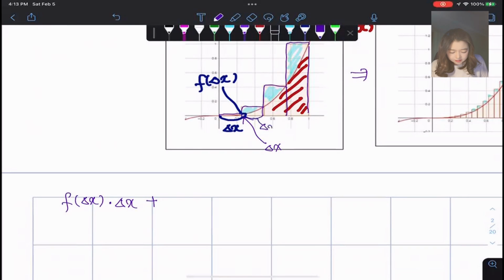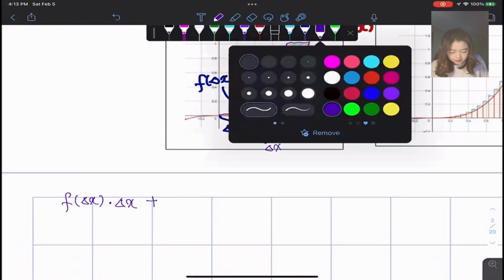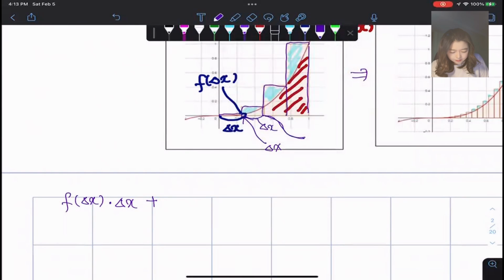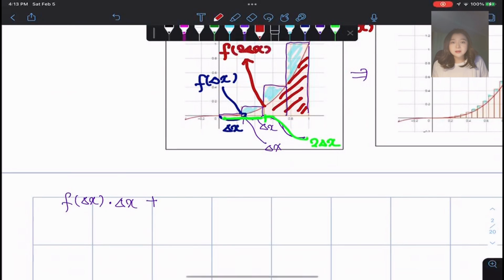Its width is delta x, and the x coordinate is 2 times delta x because this distance is 2 times delta x. Then the y coordinate is f(2 delta x). This is the height. So the area of the second rectangle is delta x times f(2 delta x), etc.